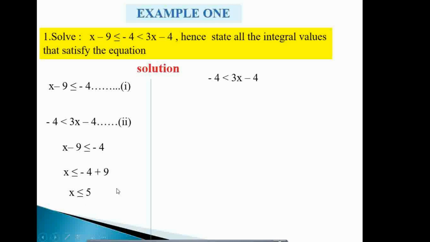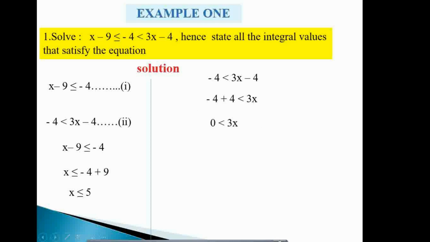Then we go to the second part of the equation, that is negative 4 less than 3x minus 4. I'll begin by solving this. I'll take negative 4 to the other side so as to have positive 4. So I'll have this side as negative 4 plus 4, and then less than 3x.